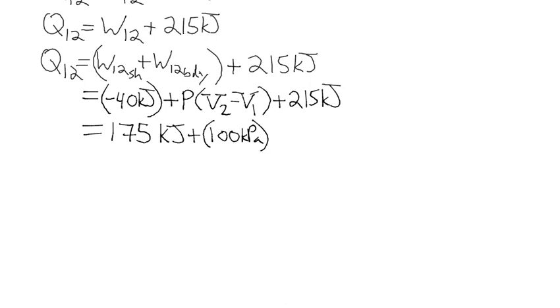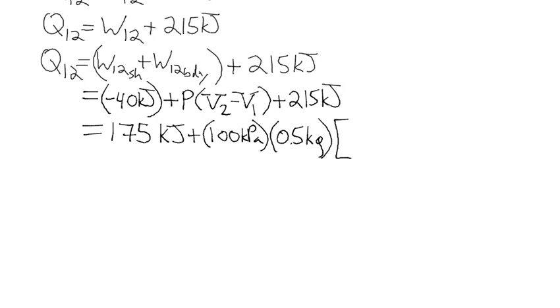So what I'm going to do is, since the mass is constant, I'm just going to pull it out and say we've got mass 0.5 kilograms. All right. And then we're going to multiply it by the change in volume. So we know then that specific volume 2 is equal to 3 times specific volume 1, and specific volume 1 is 2 meters cubed per kilogram.